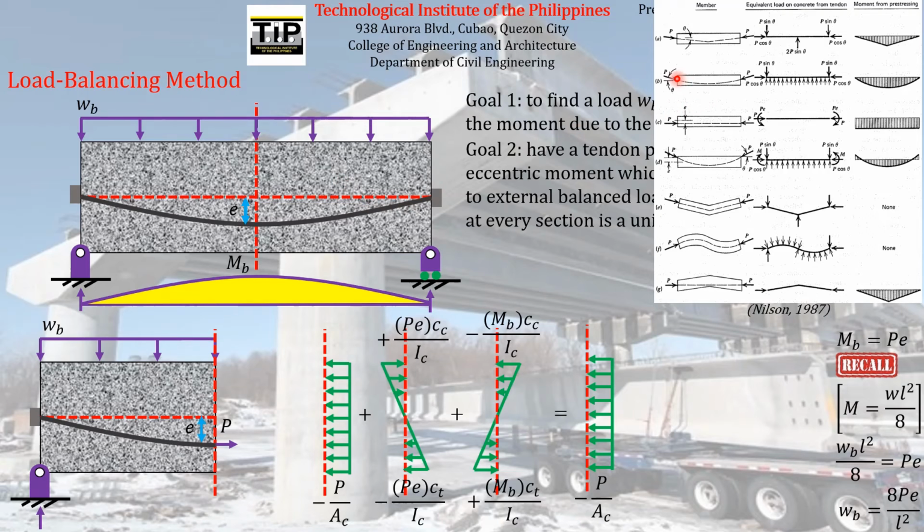Say for example, if you want to find a load that will just balance the eccentric moment being produced by the eccentricity of the pre-stressing force acting at the pre-stressing reinforcement, we have to find a load that will produce a bending moment diagram opposite this.